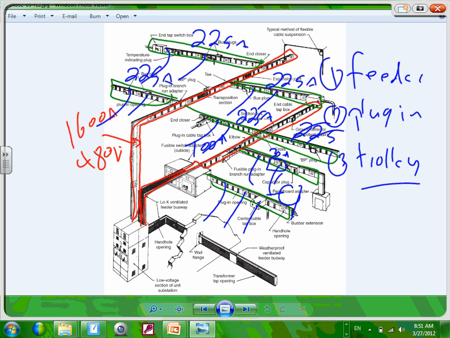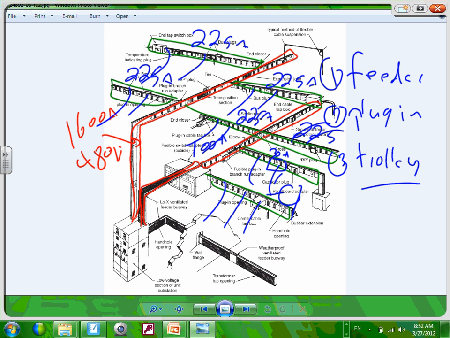Take a big chunk of power from point A to point B. What does the plug-in do? Take power from point A to point B, but with plugs in between. What does the trolley busway do? Take the power from point A to point B with a connection that can move while connected, with a chunk of power that can move. Any question, guys, about this?